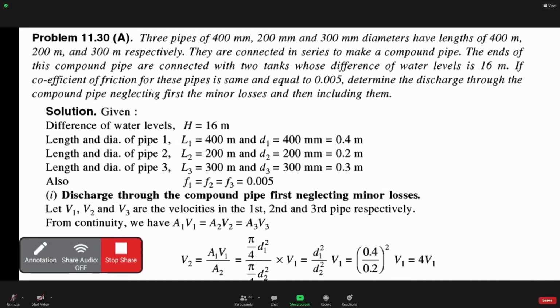He didn't say here whether it's horizontal or vertical, right? Or inclined. It is given that the difference of water levels is 16 meter. So at least you need to show the difference of levels.